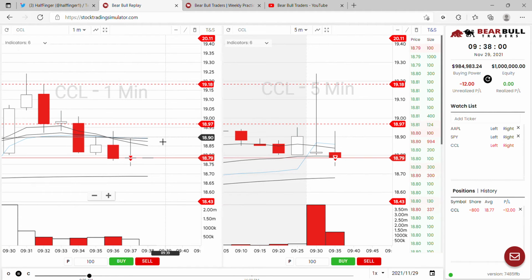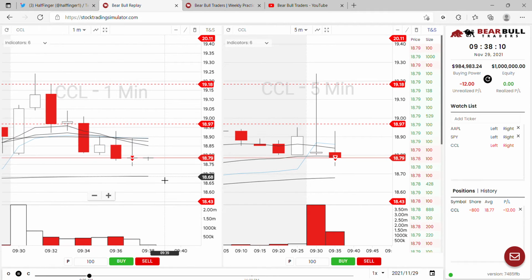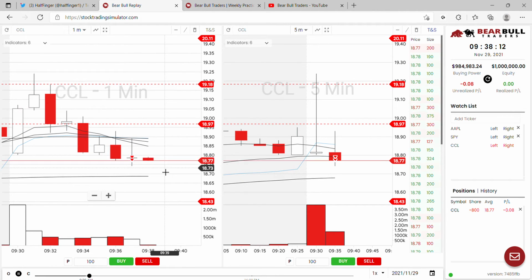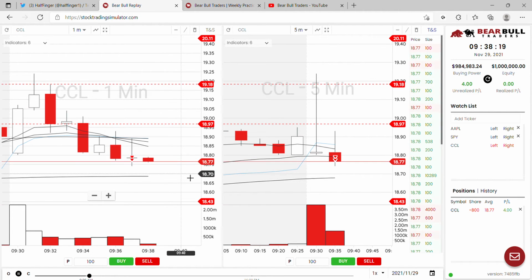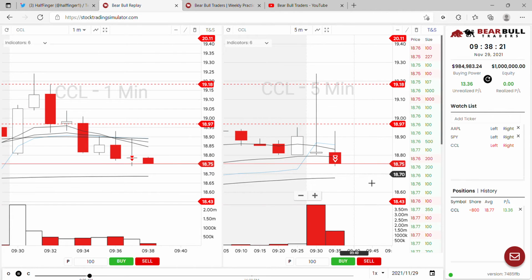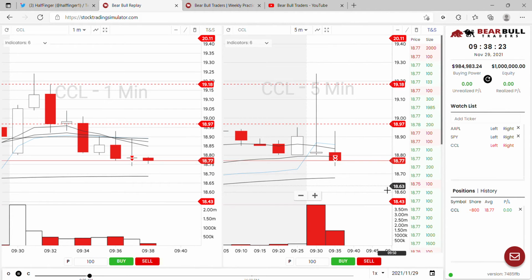But I have around 25 cents risk here. So I at least want 50 cents move. So I have 2 to 1. So we're looking at 18, 30.